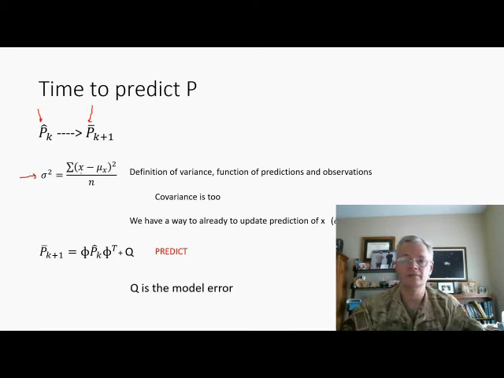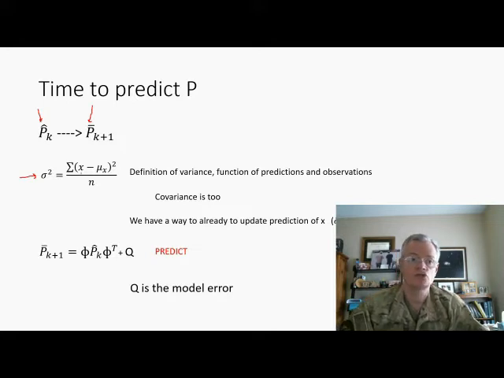In this case, it's not the mean, but you've got predictions and observations, and you subtract those, square them, sum them all up, and divide by how many observations there were, and it's giving you a measure of the scatter around your model. So fundamentally, variance is a function of the observations and your model predictions. So covariance is a matrix form of that, but I guess we know that it would be a function of that stuff too.